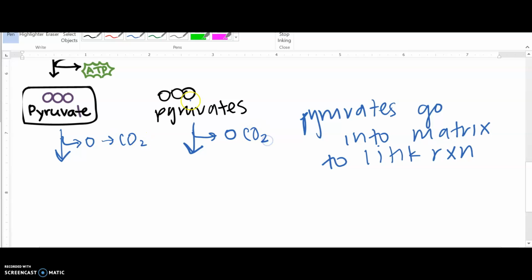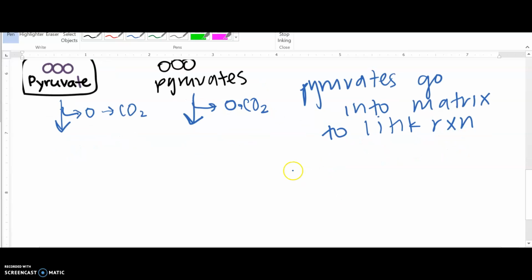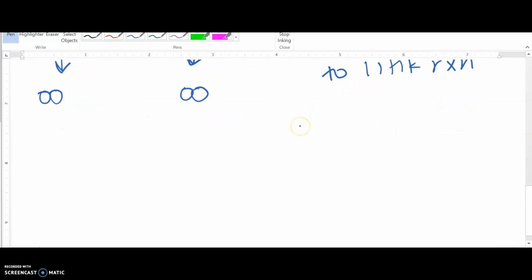So for each pyruvate, I get 1 CO2. And because there's 2 pyruvates per glucose, that means each glucose gives me 2 CO2s. So now I have a 2 carbon molecule because that 1 carbon popped off.